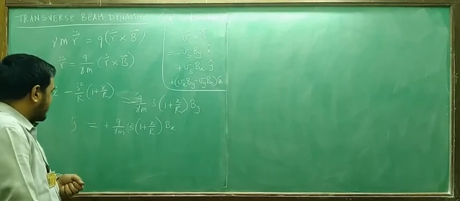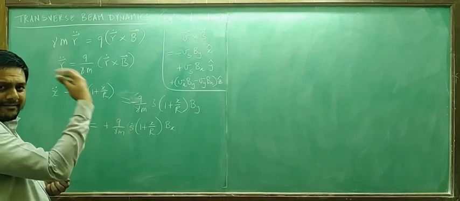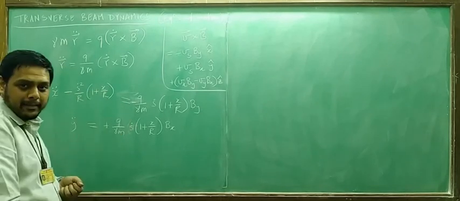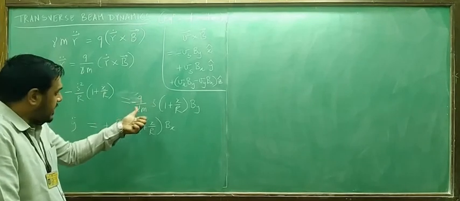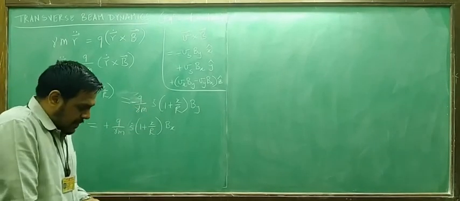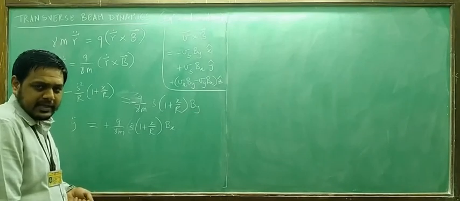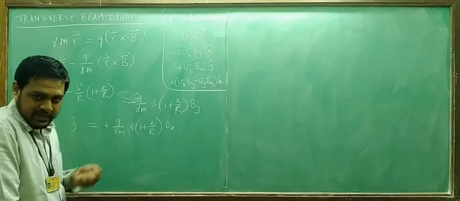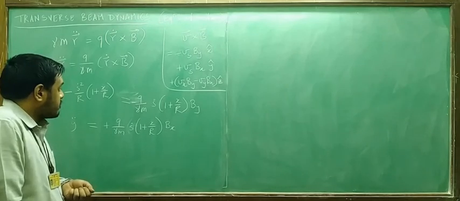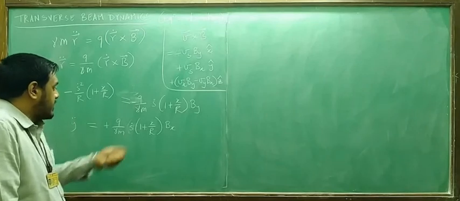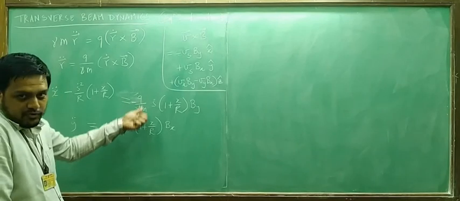Just for reference, let us first figure out what to think about and what to do here. First of all, if you look at this term, it has Q, it has gamma m. If you throw your mind back, there is another quantity which you know, a famous guy which has gamma m. It is nothing but the momentum. Momentum is gamma m into V. So what you can do is multiply and divide by V. Then you will get Q by P instead of Q by just gamma m.